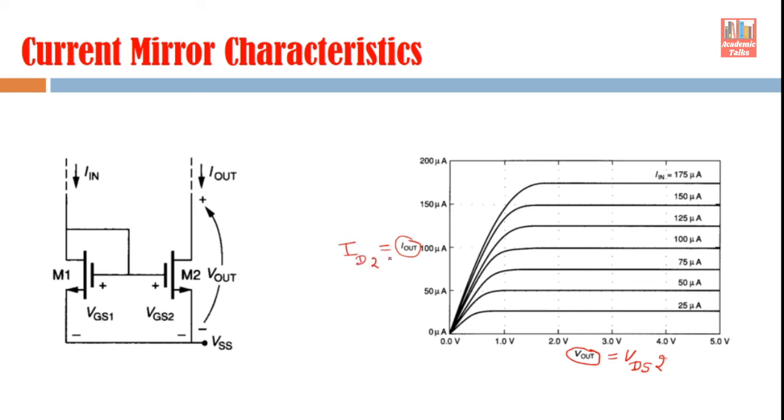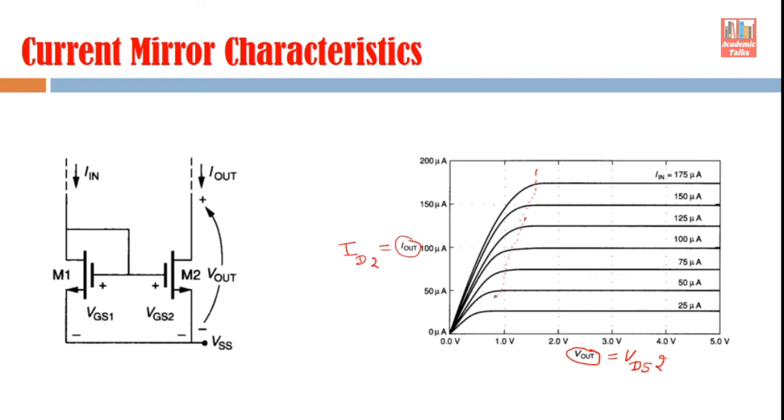So you can see how the output current, or drain current, changes as the drain source voltage of the second transistor changes. Their characteristics are just like the characteristics of a MOSFET device, and remember the important parameters from these characteristics.